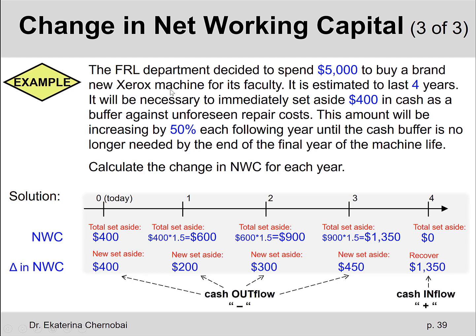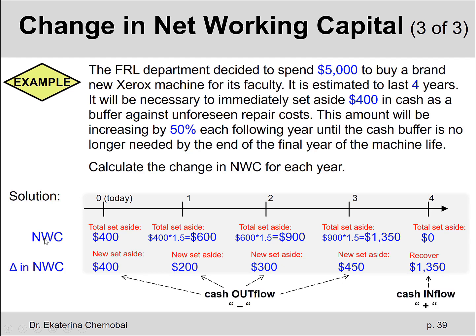Another variation of this problem would be, let's say we immediately set aside $400 in cash, period. No mention of how this would change. How would the timeline change? Well, if we set aside $400 right away, then it stays at $400 every year.